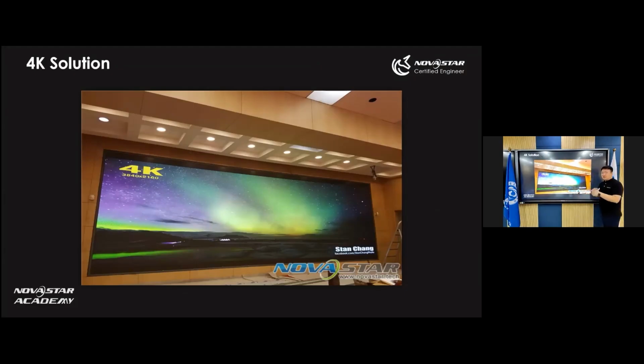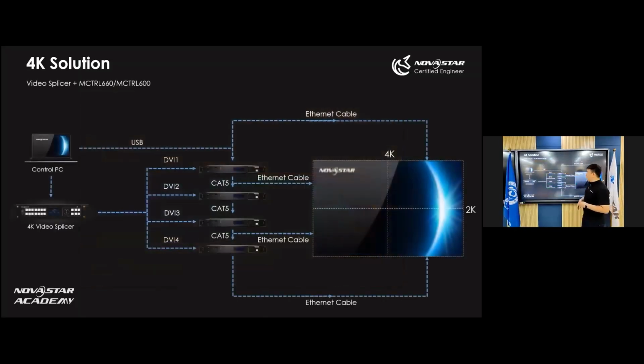Okay, let's see the traditional solutions for this 4K project. Here, I use the MCTRL 660 as a model. The MCTRL 660 loading capacity is 2.3 million pixels, right? So each controller can load a 1080p resolution screen. So if we map a 4K resolution screen, we need at least 4 pieces of it.